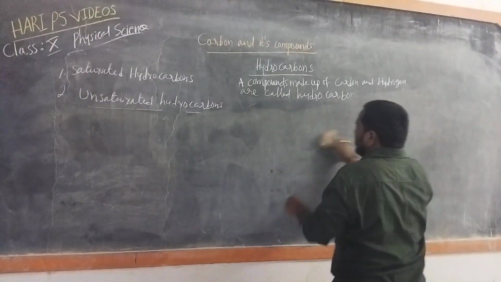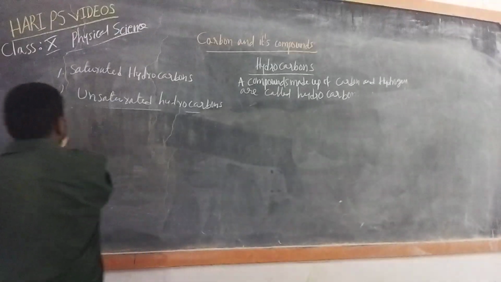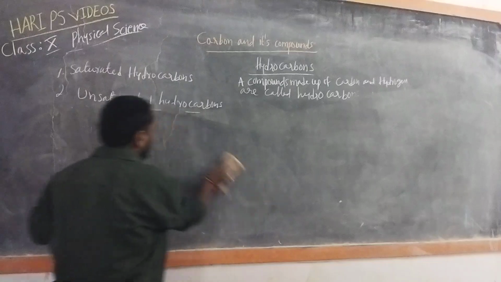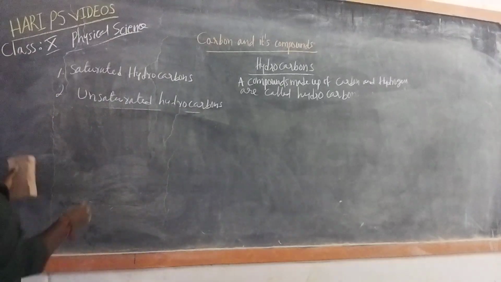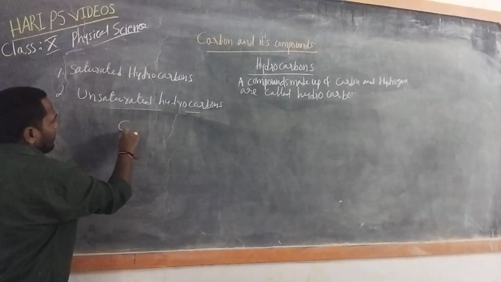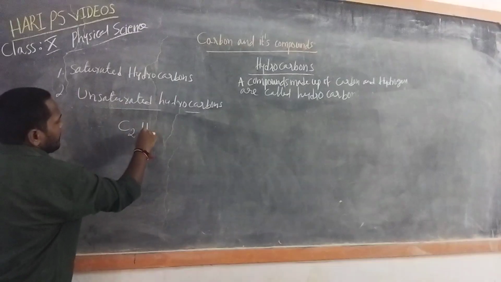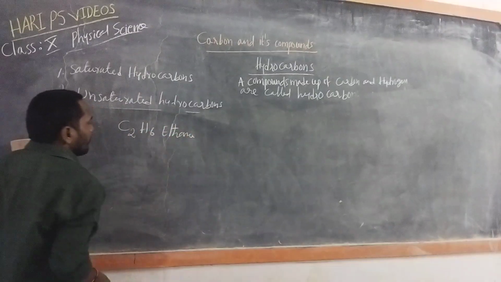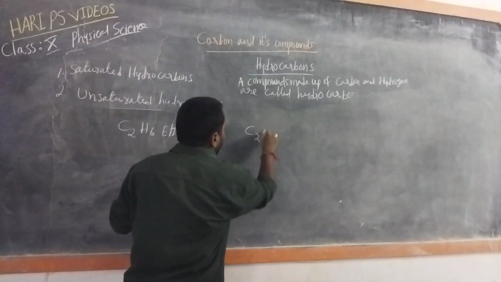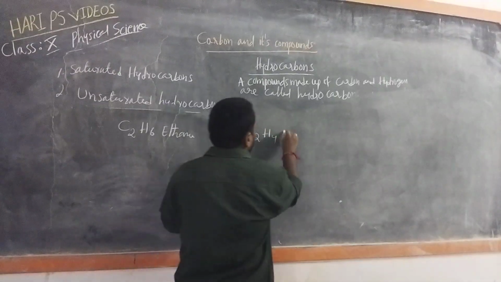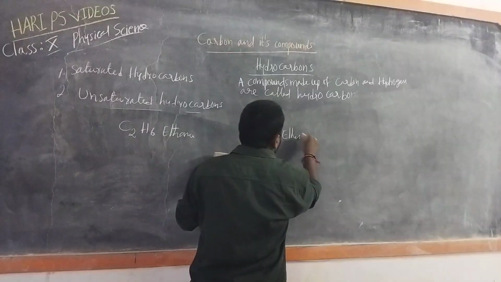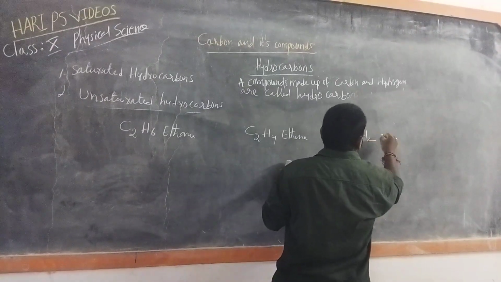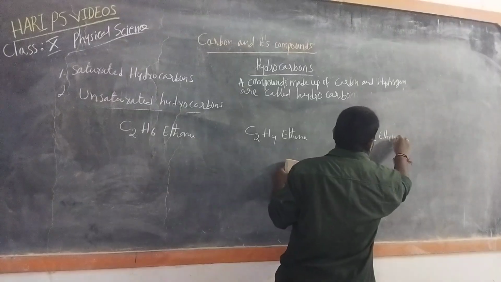You just keep in mind that based on the number of carbon atoms, we give it the name. So C2H6 ethane, then C2H4 ethene or ethylene, C2H2 ethyne or acetylene.